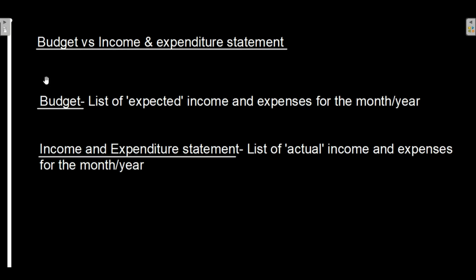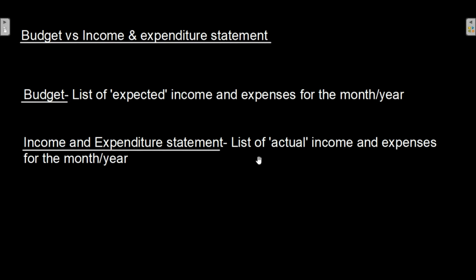Okay, so you would find out that, for an example, schools would have a budget for a particular year. So they will draw up a budget based on maybe previous experiences, previous incomes, previous expenses. And so when it comes to the income and expenditure statement, this is the list of the actual income and expenses.